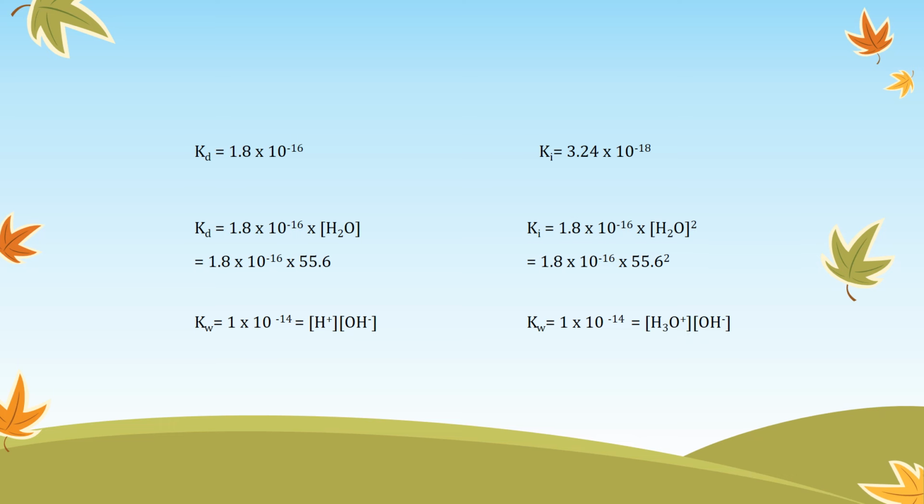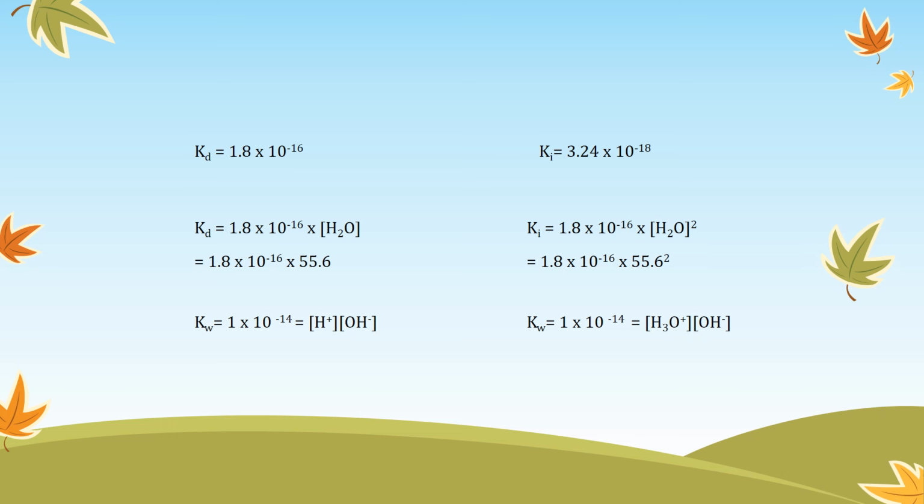So in the last slide we saw that the dissociation constant is 1.8 into 10 to the power minus 16 and the ionization constant is 3.24 into 10 to the power minus 18.